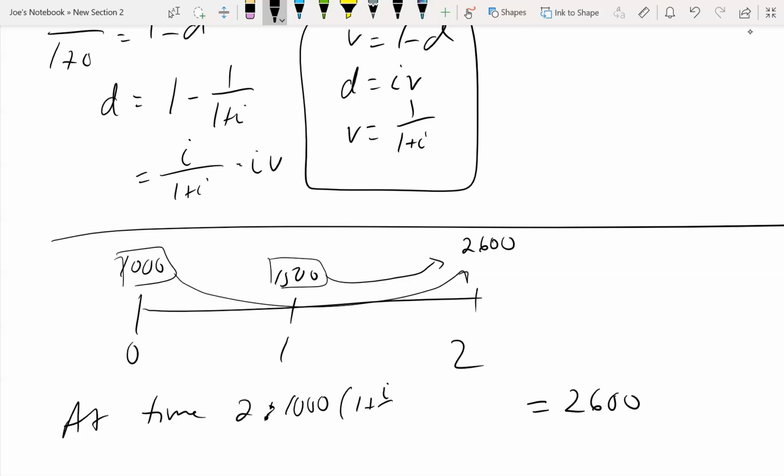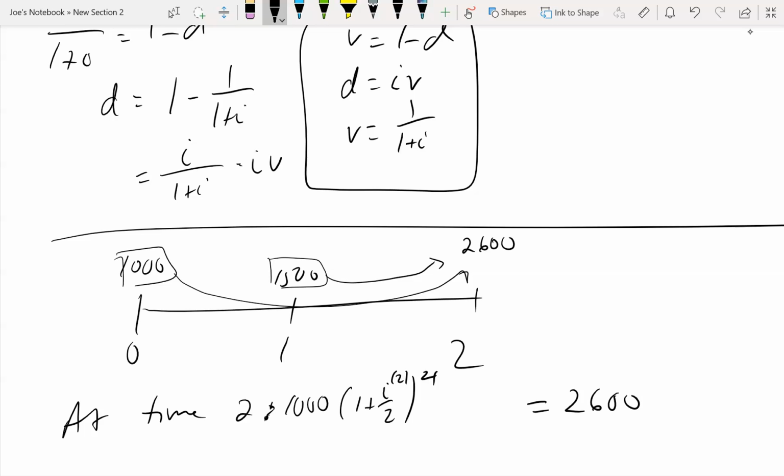Okay, 1 plus i over 2, I'll write as i2 over 2, to the second power, right? Or is it to the second power? I think it's to the fourth power, right? Because I've got to go 2 years, right? So this converts it to a semi-annual rate. This moves it 2 semi-annual periods, right? So it's i2 over 2 semi-annual rate for 4 semi-annual periods.